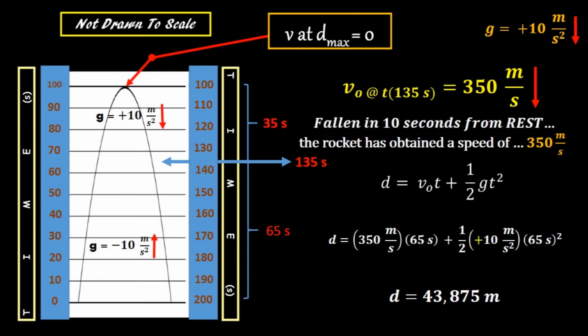That's the time left over. Why 65? 100 up, 100 down. So at 35, 35 and 65 is 100. So that's 43,875. And then we'll put that in our magic data table. Remember, the G is a positive 10 because it's going down.